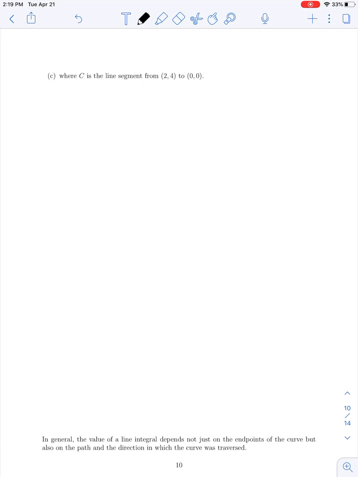Then in the last part of this example, part C, we're asked to evaluate the same line integral. So again, that was the integral of y squared with respect to x plus x with respect to y over the curve C, where in this part, C is the line segment from the point 2, 4 to the point 0, 0.